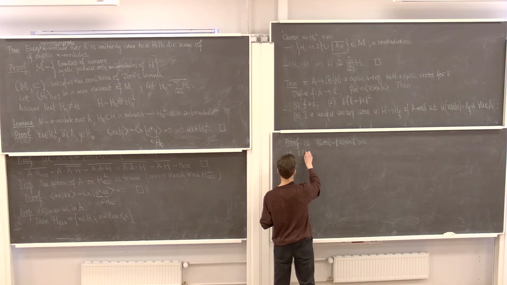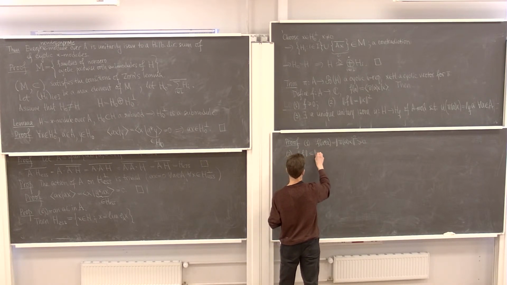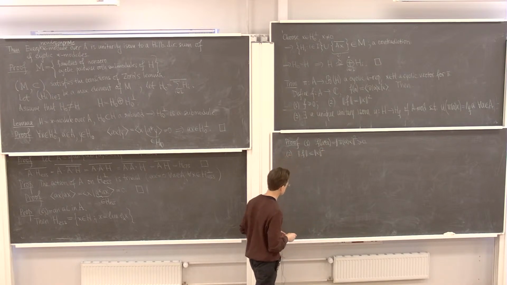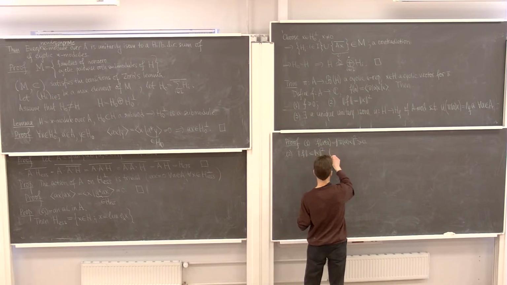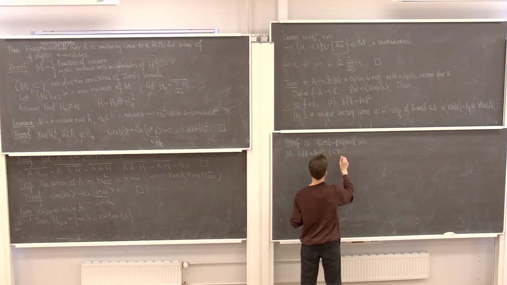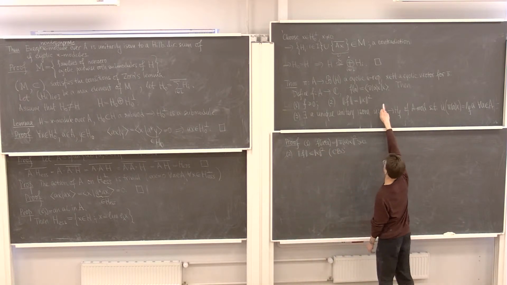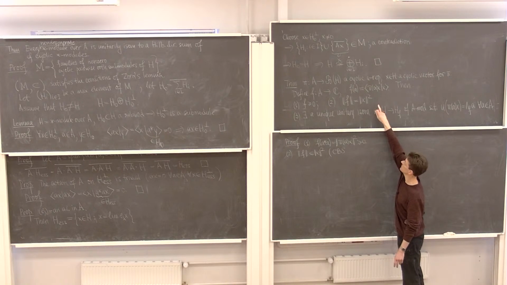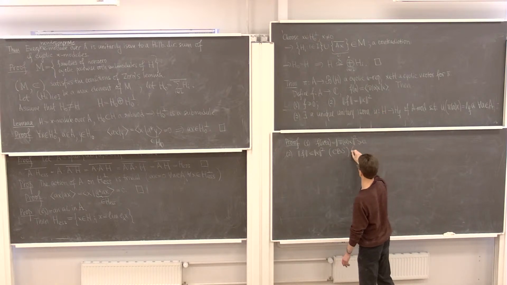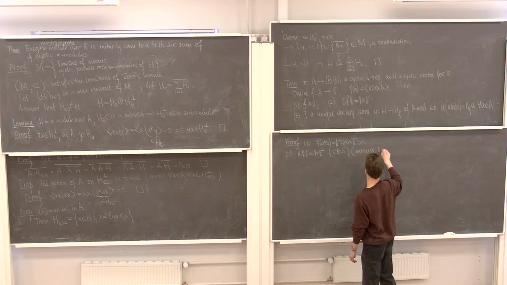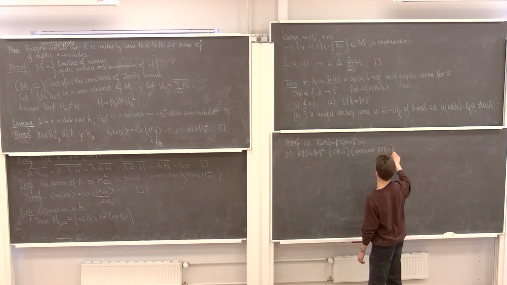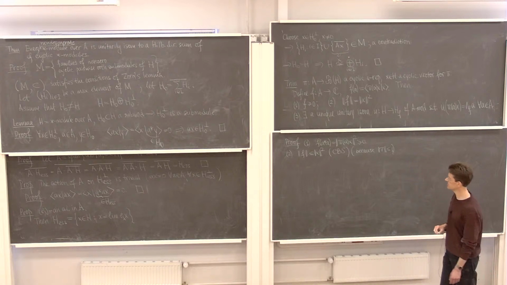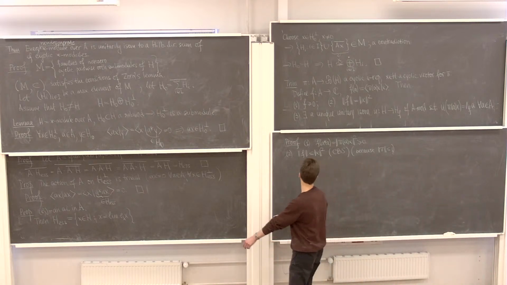The norm of f is less than or equal to the norm of x squared. This follows from the Cauchy-Bunyakovsky-Schwarz inequality applied to our definition of f. And we also use the fact that the norm of pi is less than or equal to 1. So we want to prove the opposite inequality.